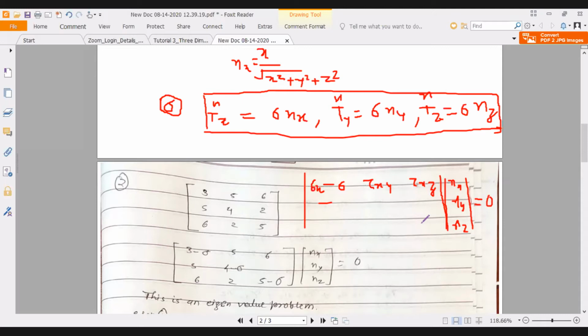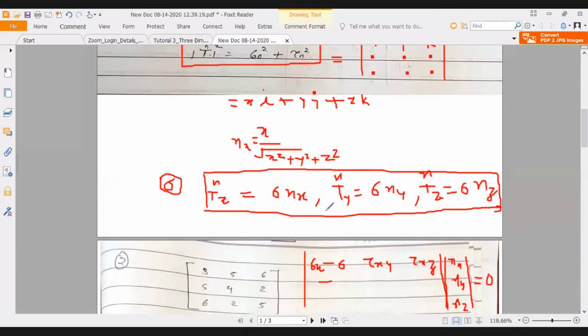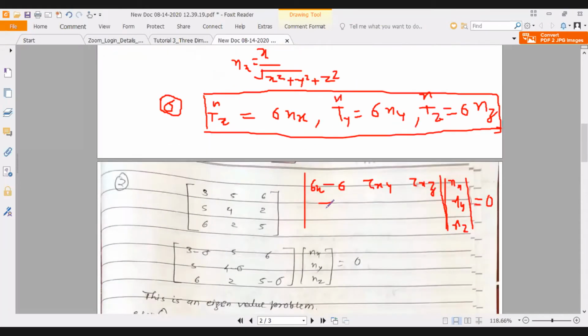Got it? Should I write two more? Similarly here you can write.